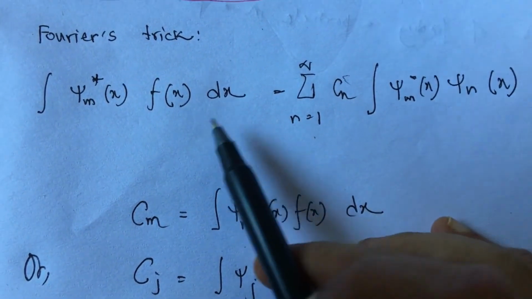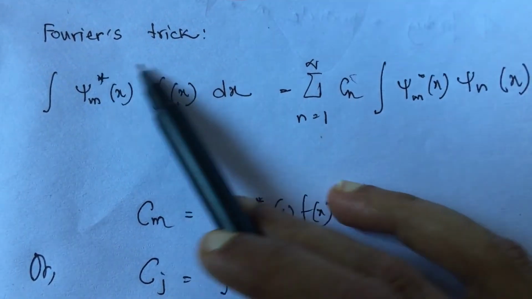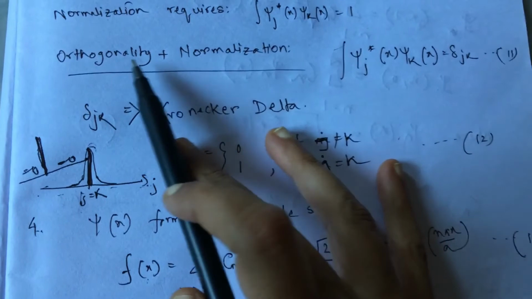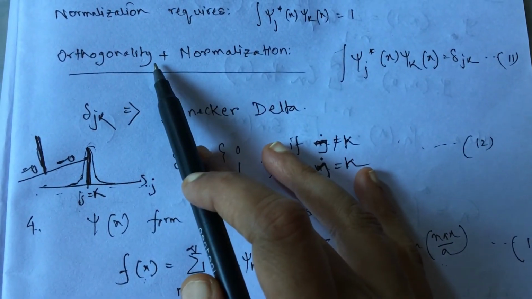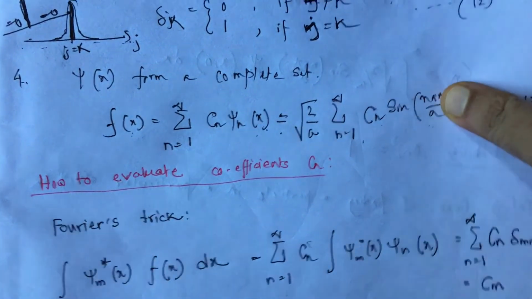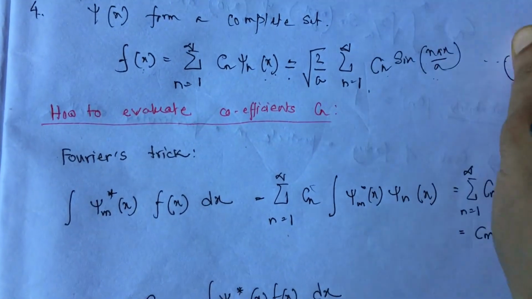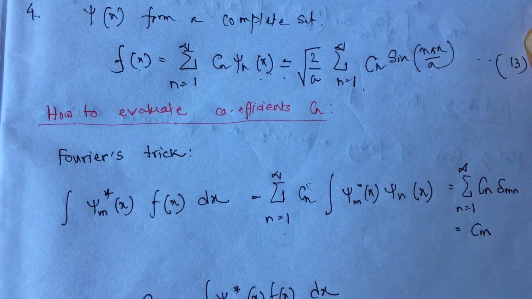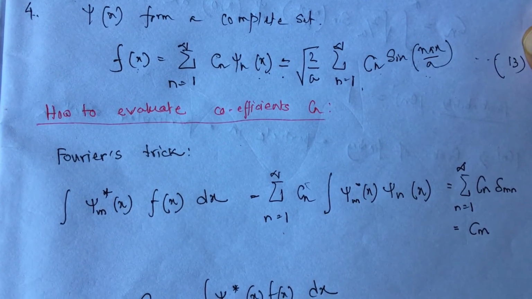In order to evaluate cn, we need to apply a Fourier trick. Orthogonality is a general property of wave functions, and this completeness of wave functions holds for any potential you encounter.